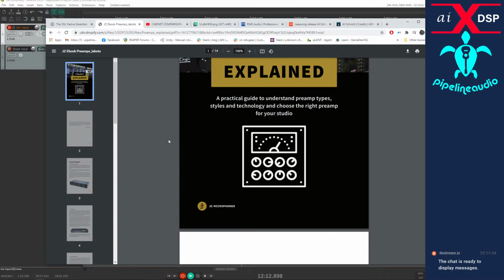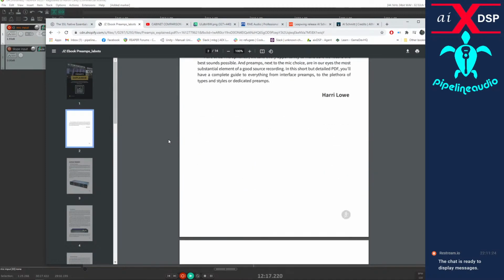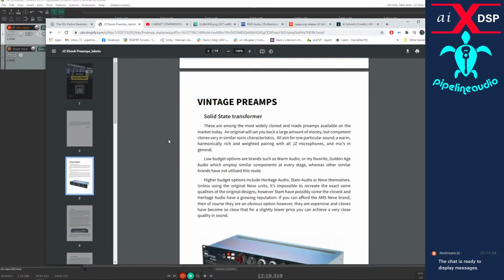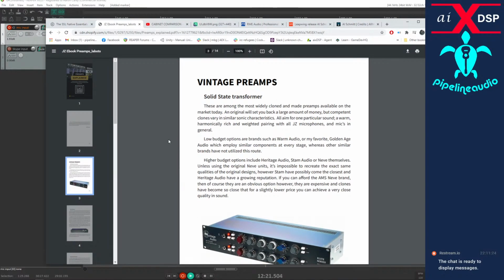A practical guide to understanding preamp types, styles, and technology. And again, it tells you about different mic preamp topologies. But instead of giving you numbers and telling you what really is the difference between these things, here's some hard data, here's some graphs, here's some measurements, whatever.